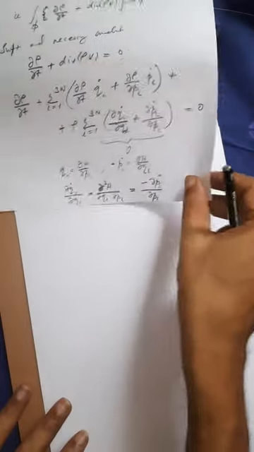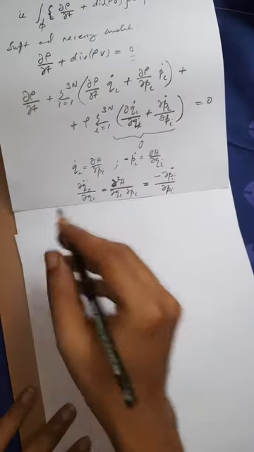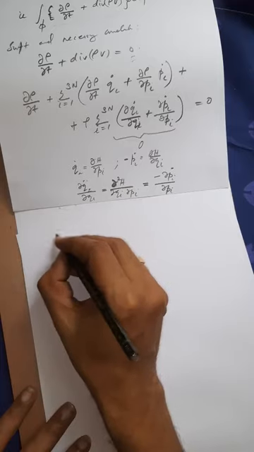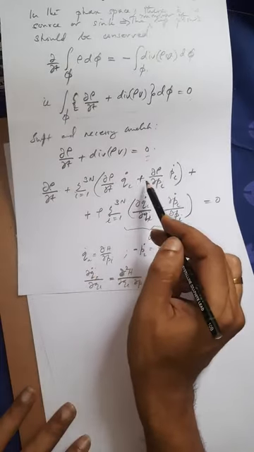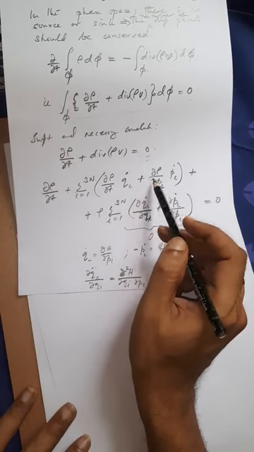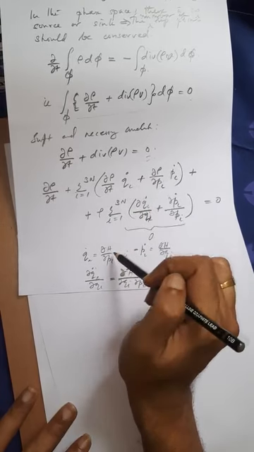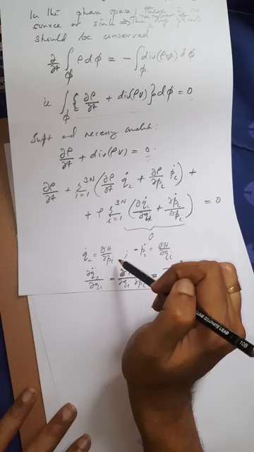So therefore I can write dou rho by dou t plus this term, right? What is qi dot? Qi dot is equal to dou h by dou pi.